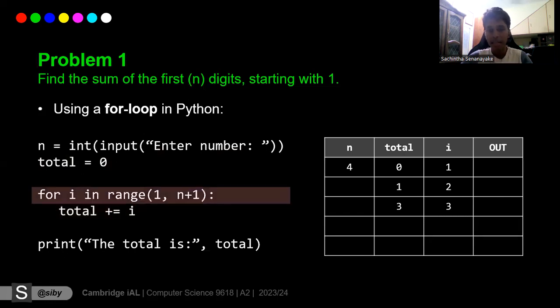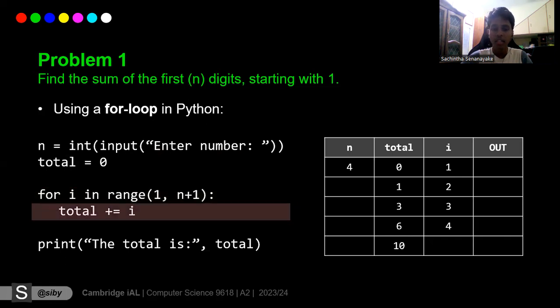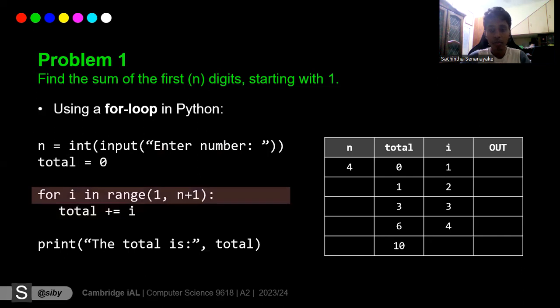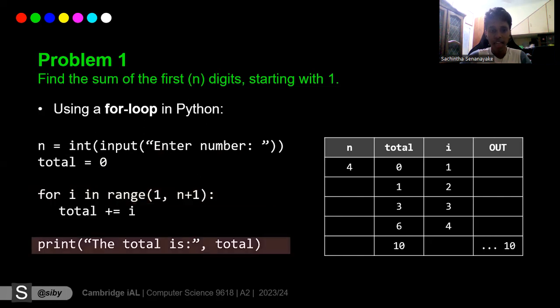The next iteration i becomes 3, 3 plus 3 is 6. The next iteration i becomes 4, 6 plus 4 is 10. And this concludes the loop. And of course, at the end, the loop ends and the total is outputted as 10 on screen. So that wasn't too difficult.